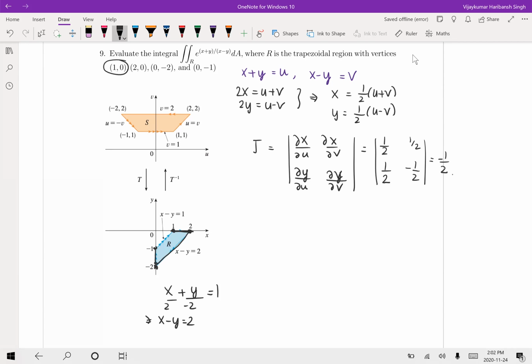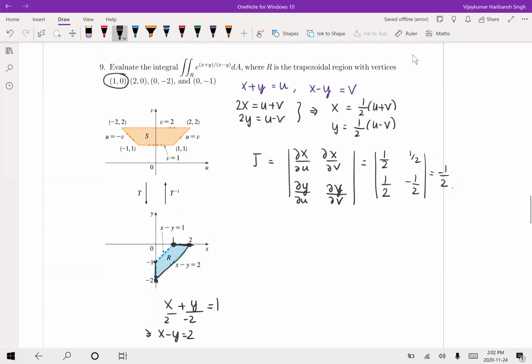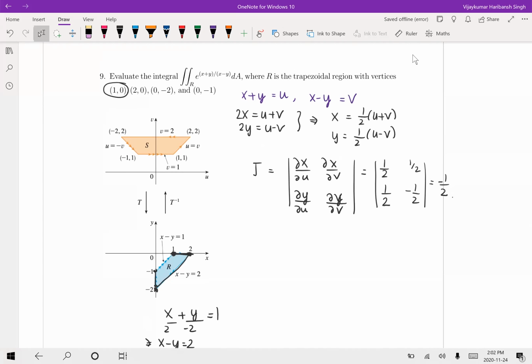So now let's see how that transforms. So x minus y equals 2. This region can be written in uv, where this is our u, and we can write v directly between 1 and 2.